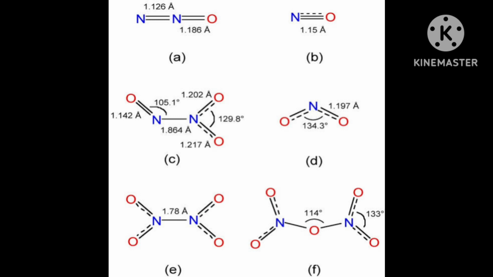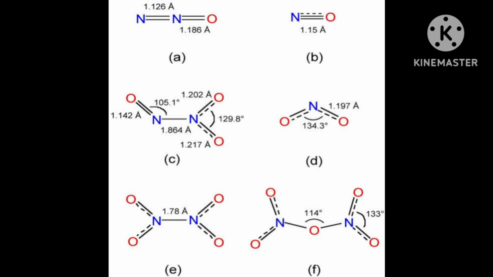You have to know 3 angles. First, if you count the O, N bond, oxygen and nitrogen, then 3 atoms are there: oxygen, nitrogen, and again nitrogen.